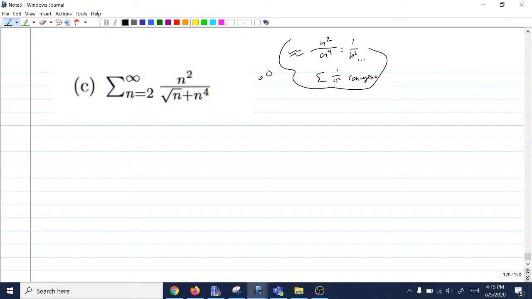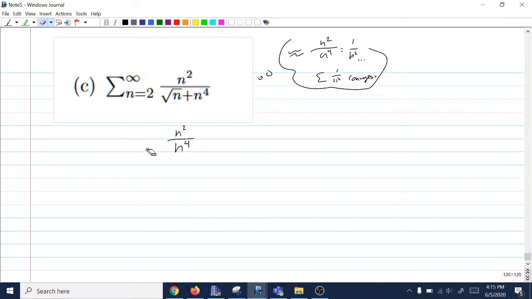This is about as big as something that converges. If I'm lucky, it's smaller than the thing that converges. Is it smaller? Versus n squared over n to the fourth. This is a bigger denominator, so it's a smaller fraction. Yes, it is. Hooray, we're in the lucky case where we're on the right side.